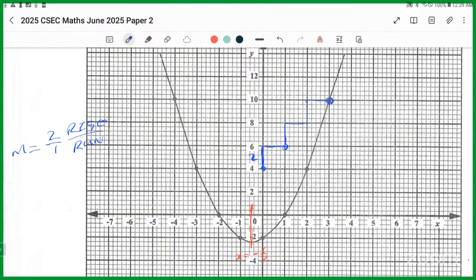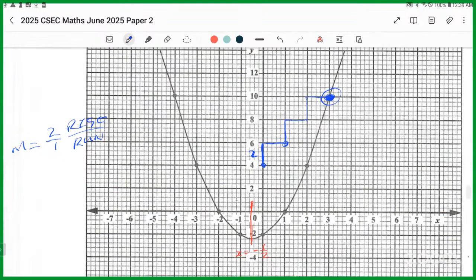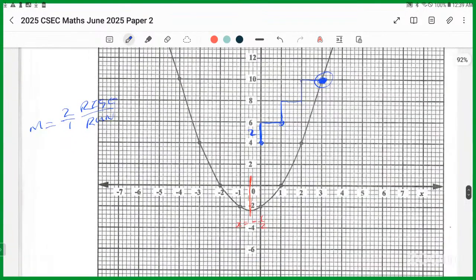So you see, that point is on the line. Let's go the other way too: rise negative 2, run negative 1 to here. That also is a point on the line that we want. We have enough points to draw the line. So in this color, draw a straight line through those points.